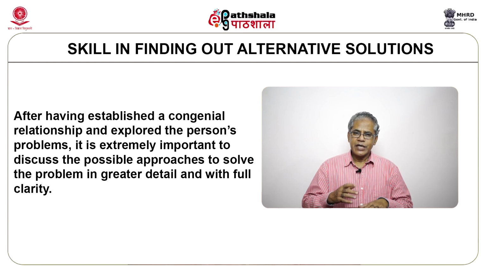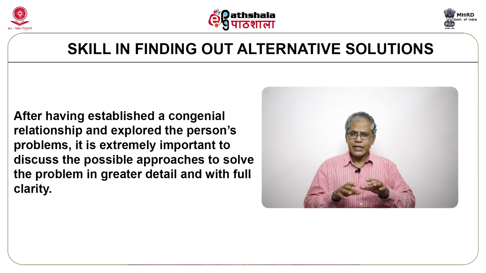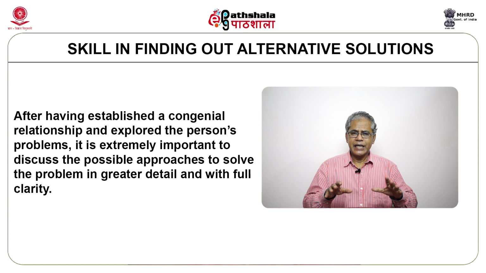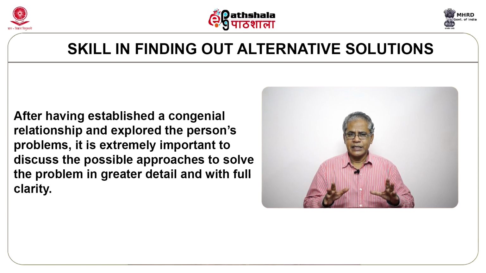After having established a congenial relationship and explored the person's problems, it is extremely important to discuss the possible approaches to solve the problem in greater detail and with full clarity. Alternative courses of action need to be thrashed out vividly and concretely in terms of their advantages, disadvantages, and implications for everyone likely to be affected by this decision.